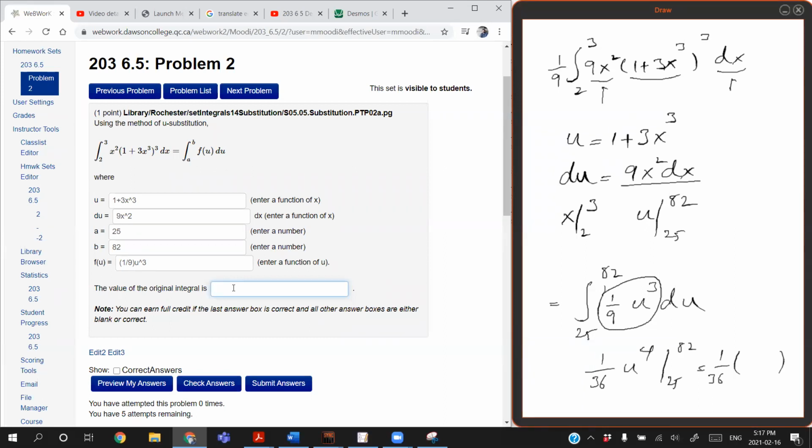I'm going to get a large number. Divide that by 36. Or maybe just enter the answer in exact form.